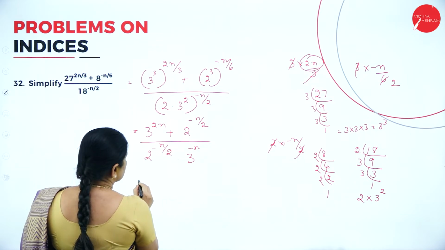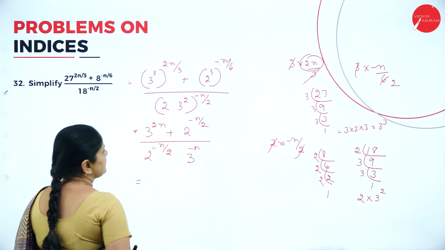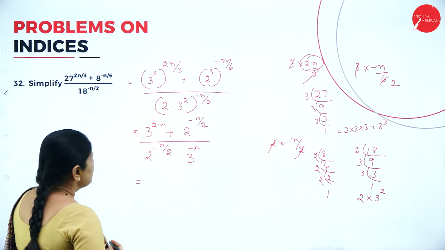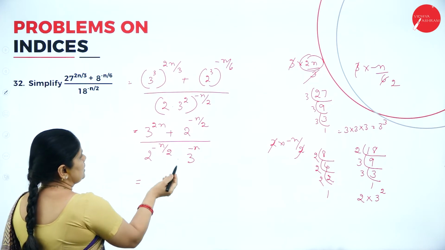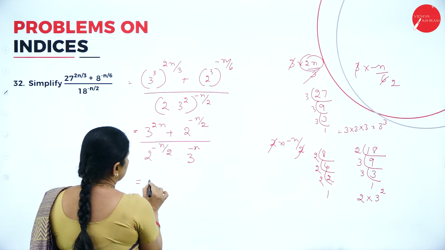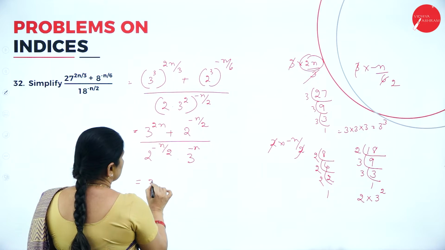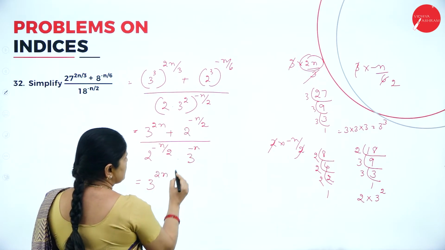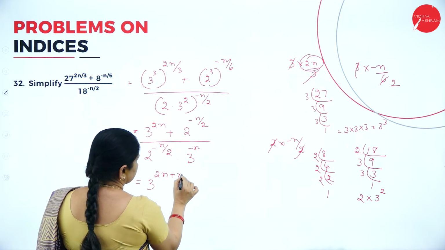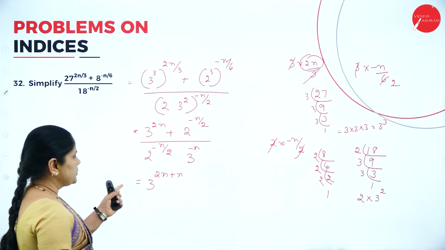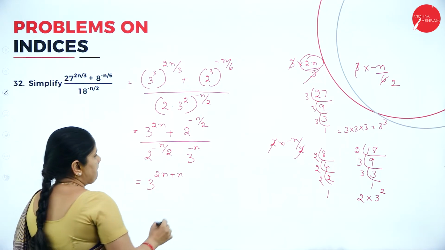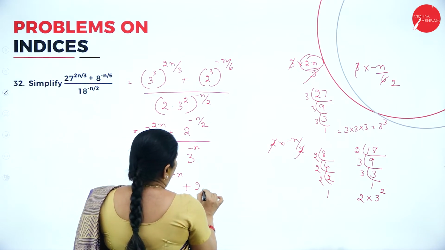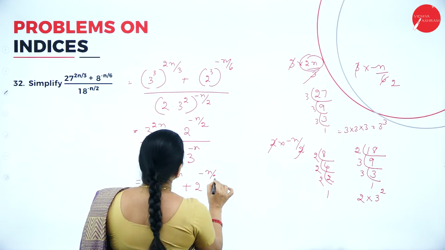Now when I simplify it further, what is the answer I'll get? So this will be equal to, I will segregate the base 3. So 3 to the power of 2n, and this minus n, when it comes up, it will be plus n. 3 to the power of 2n plus n, plus 2 to the power of minus n by 2.